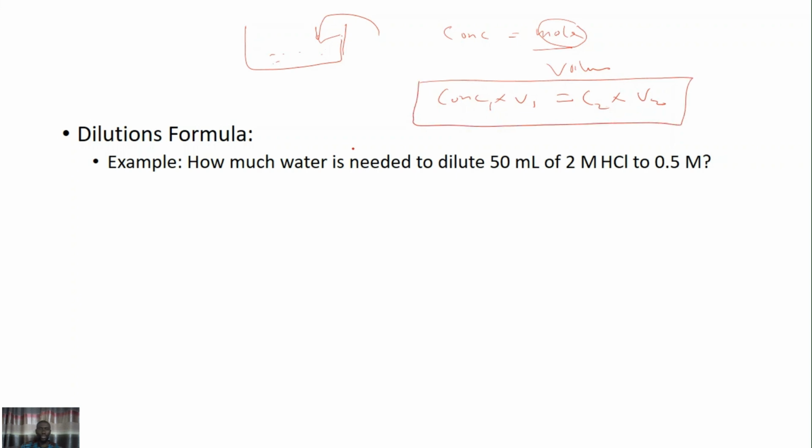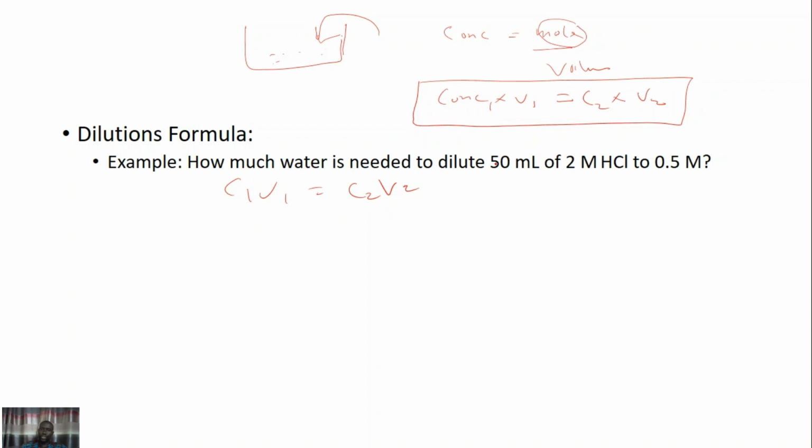C1V1 is equal to C2V2, and that's what you will be using when you need to do calculations for dilution. How much water is needed to dilute 50 ml of 2 molar solution of hydrochloric acid to 0.5 molar, using the formula C1V1 is equal to C2V2.